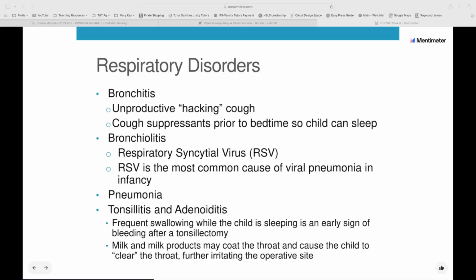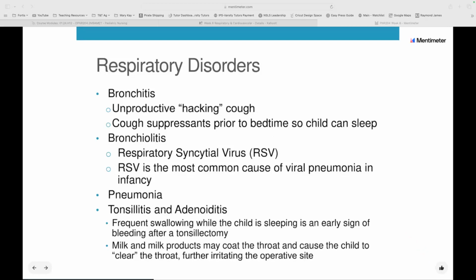For bronchiolitis, that is going to be a viral infection of our small airways. In infants that are 6 months to 2 years old, we see this obstruction that leads to atelectasis, so that difficulty in breathing. Our lungs don't fully open and close like we want.